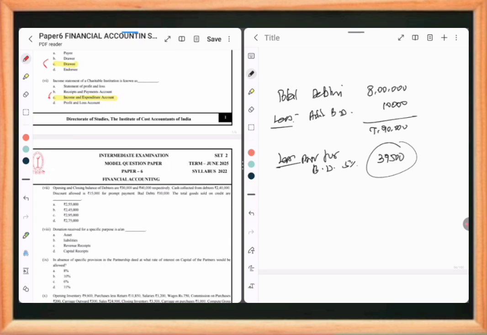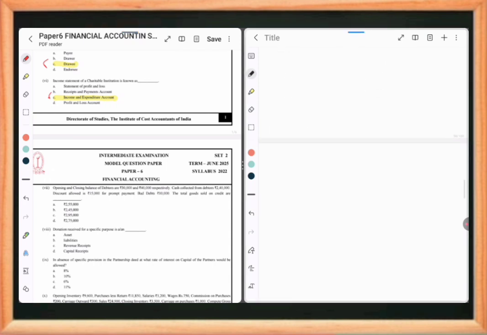In this question we have to find the credit sales, for which we open a total debtors account. If we post all the transactions, the missing balancing figure will be the credit sales. The opening and closing balances are given.